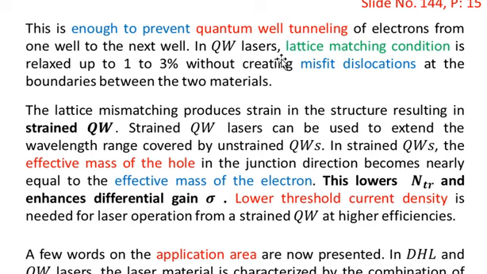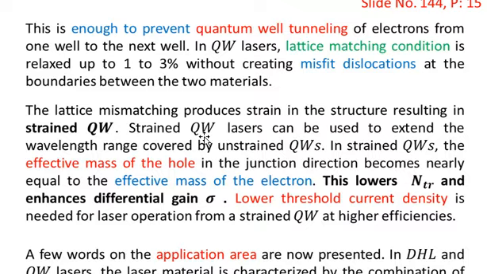In quantum well lasers, the lattice matching condition is relaxed up to 1 to 3% without creating misfit dislocations at the boundaries between the two materials. The lattice mismatching produces a strain in the structure, resulting in a strained quantum well.